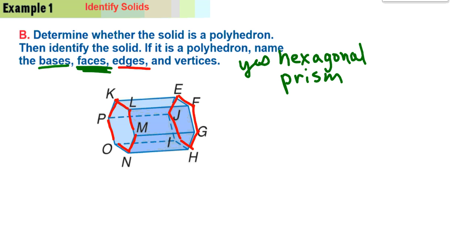Okay, segment KE, segment LF, segment MG, segment NH, segment OI, and segment PJ is all of those.